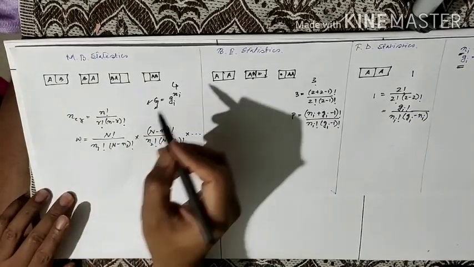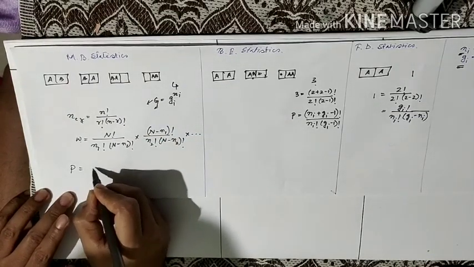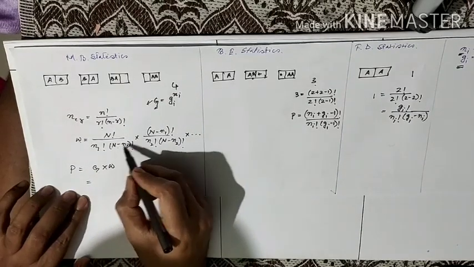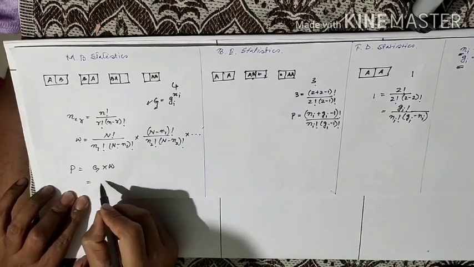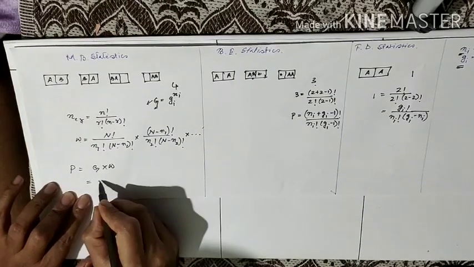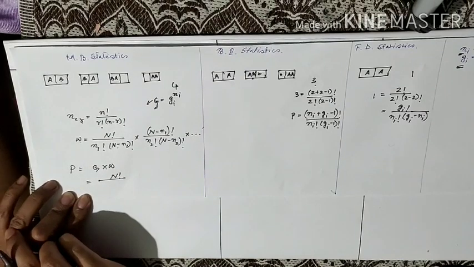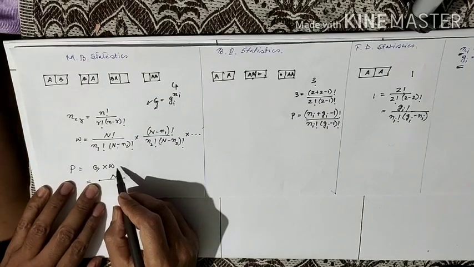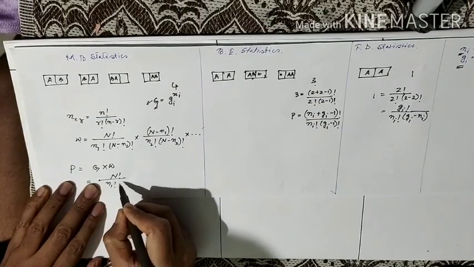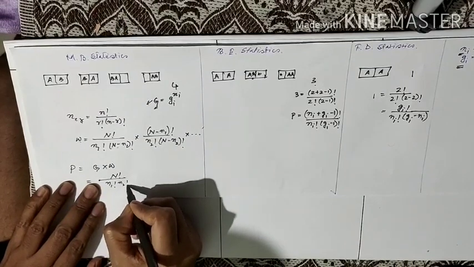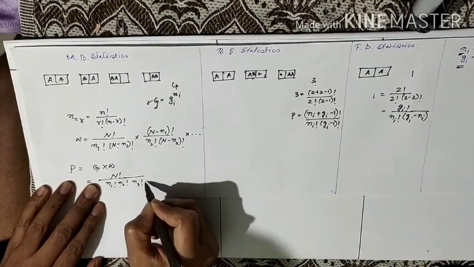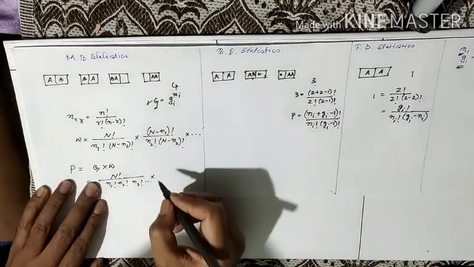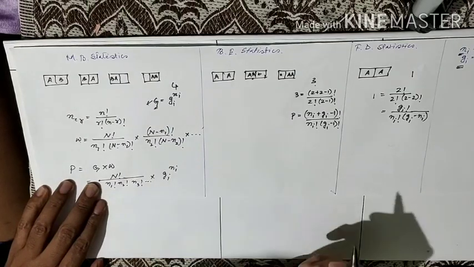Now the total probability is again multiplied, so total probability is Z into W. So this part will be cancelled out, and I will get only factorial n for the W part. I will get n factorial divided by n1 factorial, n2 factorial, n3 factorial, and so on for this W part. And for the Z part you already have Gi to the power ni.